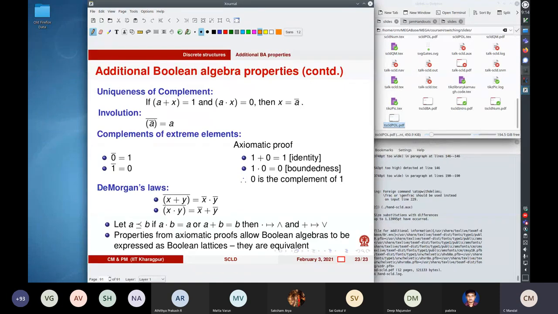So you are able to show that a Boolean lattice is a Boolean algebra, and also a Boolean algebra is a Boolean lattice. All right. So this basically just relates your Boolean lattices to Boolean algebras. All right. So let us now take a look at Boolean algebras.